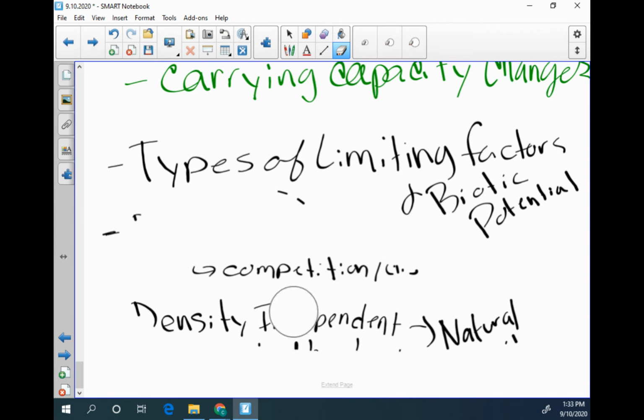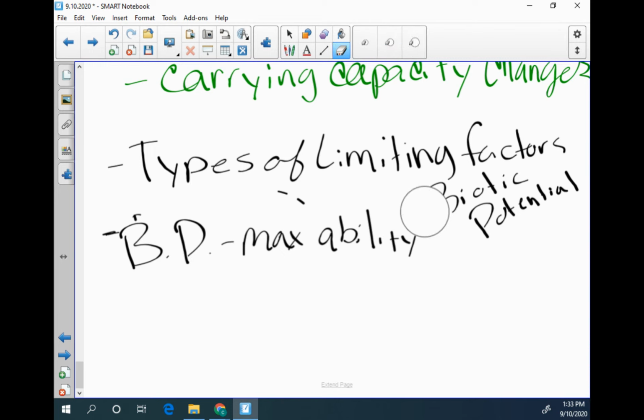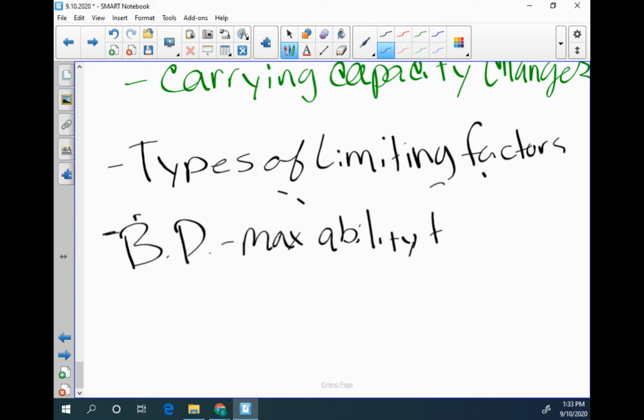Biotic potential is the maximum ability to produce offspring.